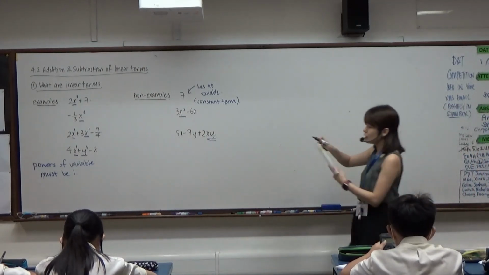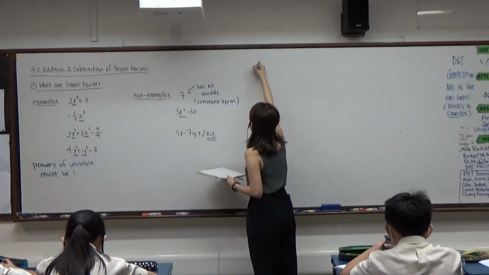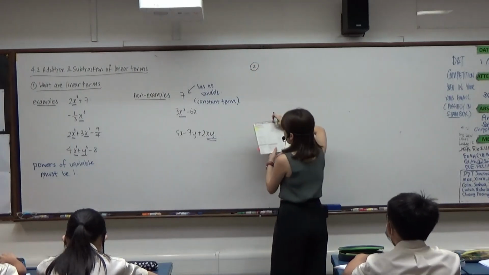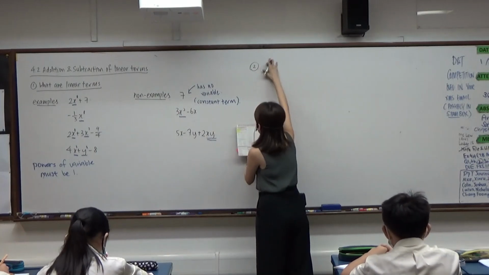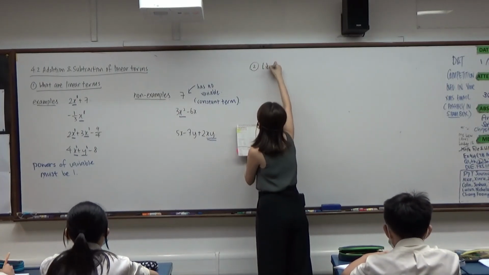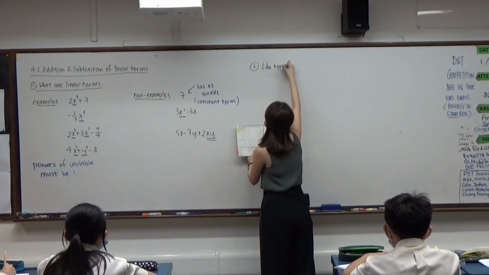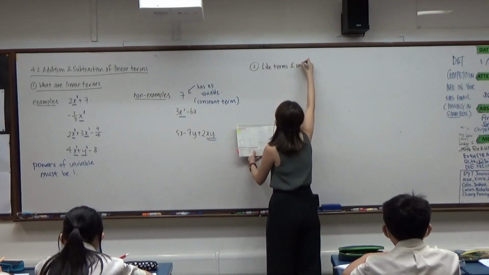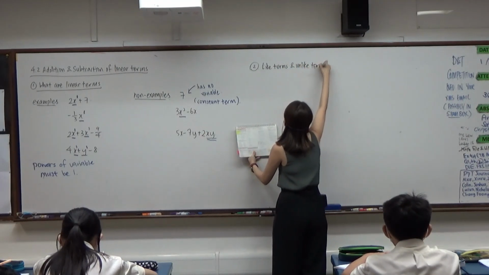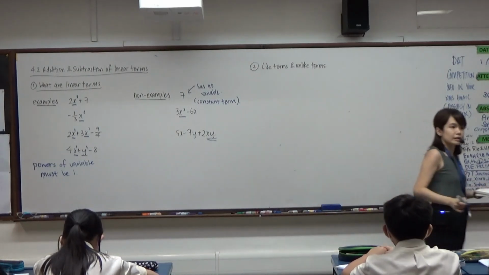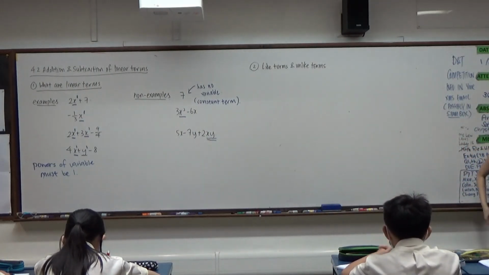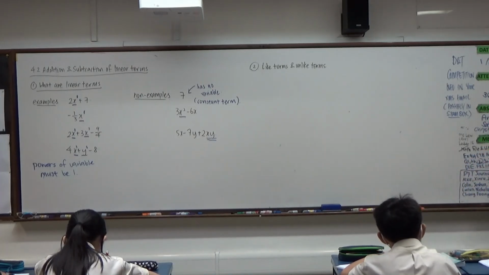So let's go into the main thing, to know how to add and subtract. But before that, we need to know what are like terms and unlike terms. Just like poles and unlike poles, we learned that in primary school science, correct? North pole, south pole, magnet.